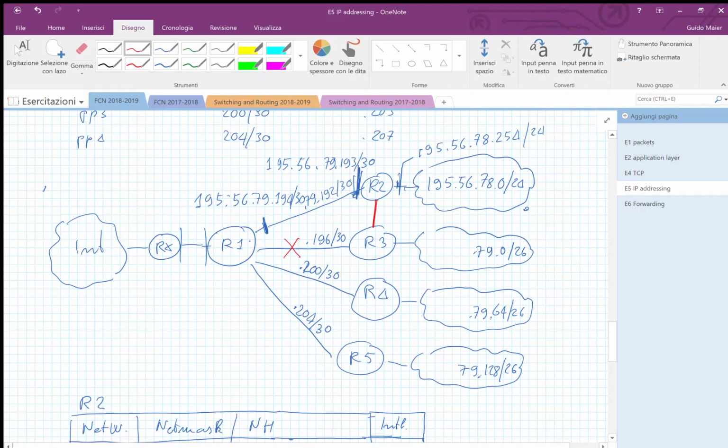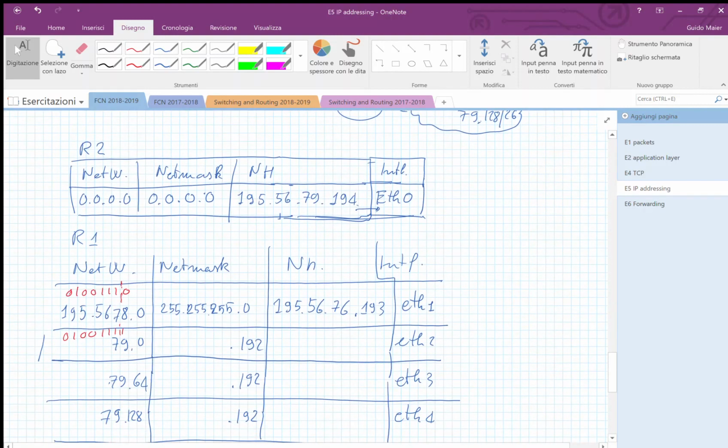So since we have the next hop that is R2 and the two blocks that are adjacent, we can compress these two different entries using the single entry 78.0/23, okay, which is actually the original address of the whole network.